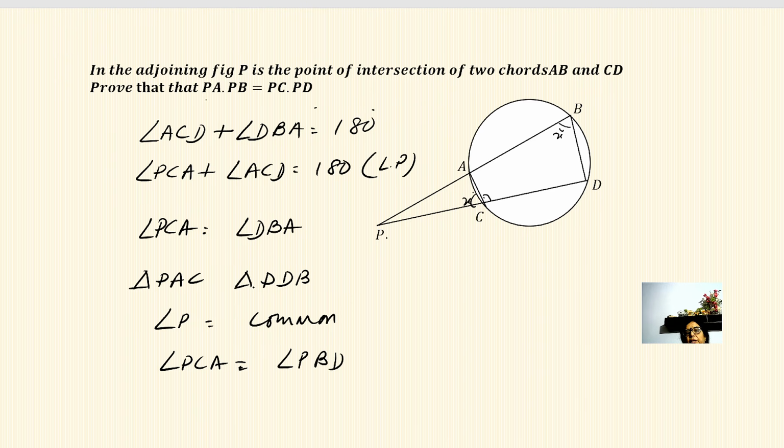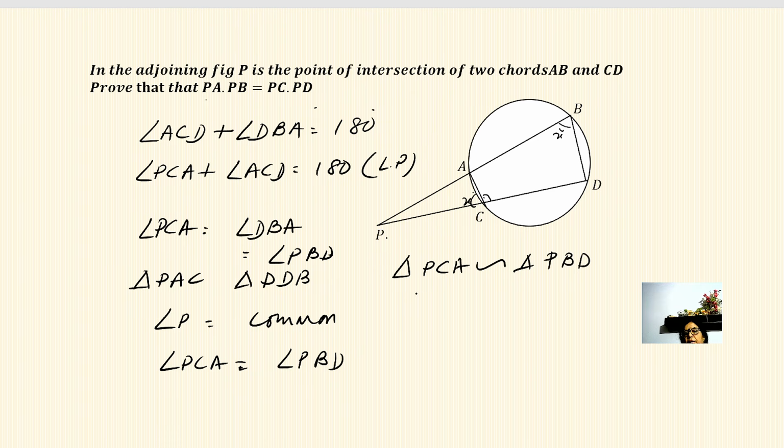I am talking about DBA, so we can take it as PBD also, because this is the same angle over here. So we can replace this and write it as PBD. So we get these two angles equal and angle P is common. So now we can write triangle PCA is similar to triangle PBD.